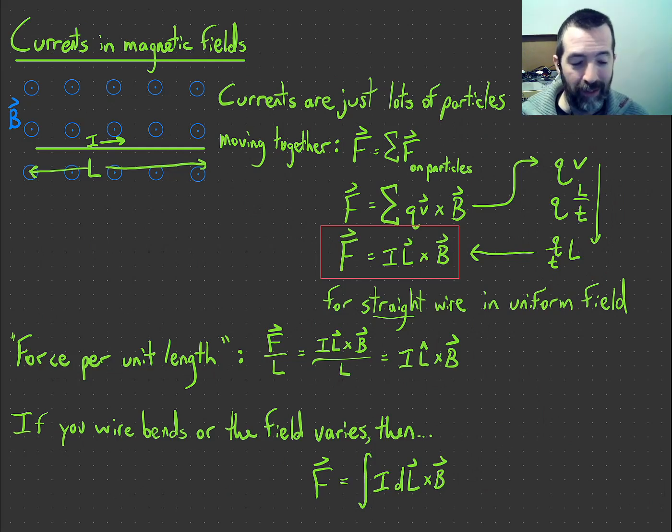So if the magnetic field is also infinite in extent, like if it fills the whole universe, then the total force on the wire is going to be infinite, because you have an infinitely long wire in a field of infinite extent, etc. And so you wouldn't be able to calculate F. But each individual meter of the wire has a finite amount of force on it, and so you can calculate that.